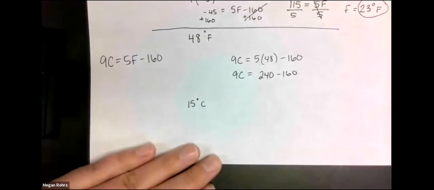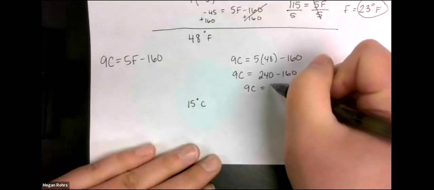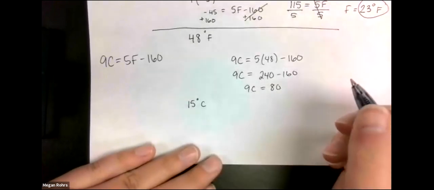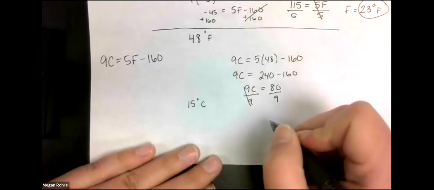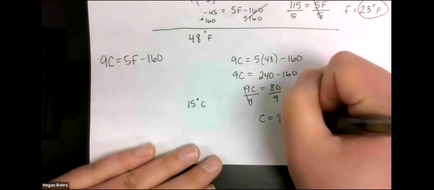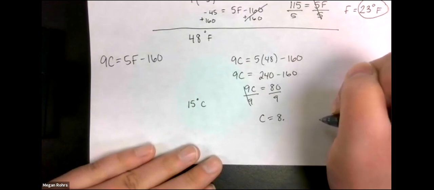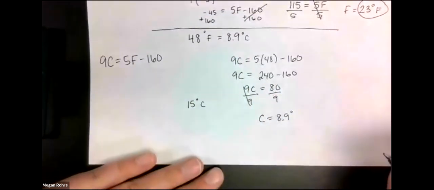Now I can subtract out that 160. Leaves me with 80. Now to get this C by itself, divide by 9. And C gives me 8 point, and it's 888 repeating. So if we're rounding to the nearest 10th, it would be 8.9 degrees Celsius there.